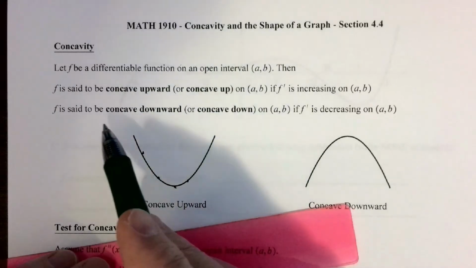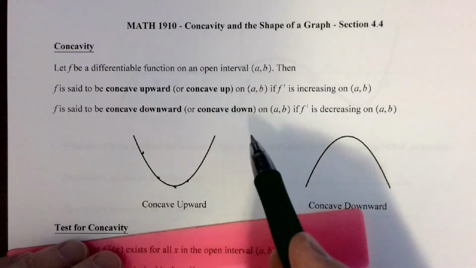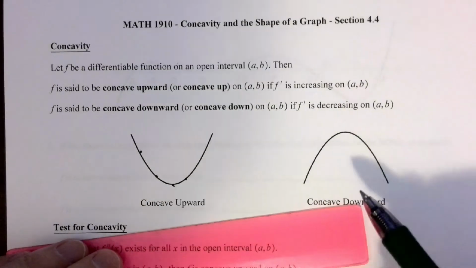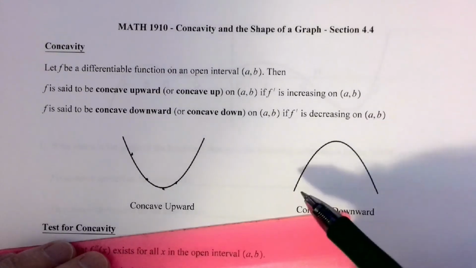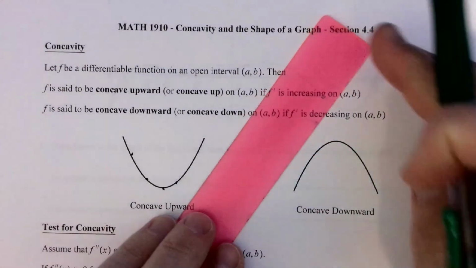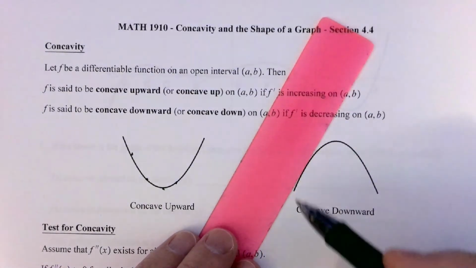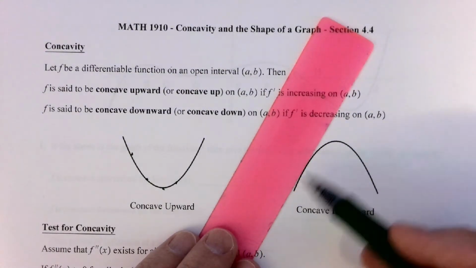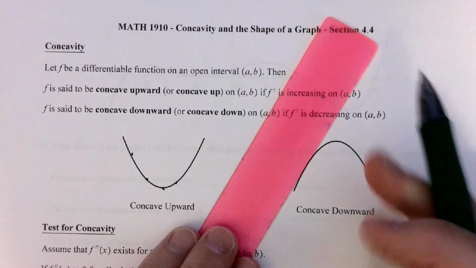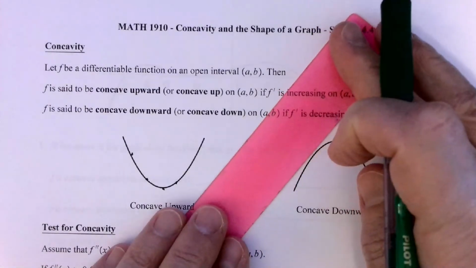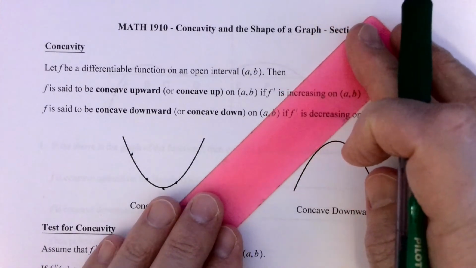Similarly, we say that F is concave downward, or concave down, on an interval if F prime is decreasing on that interval. So here's the concave down situation. Look at my slope at a point here. The derivative is positive, and as I move from left to right, that slope is still positive but getting smaller.